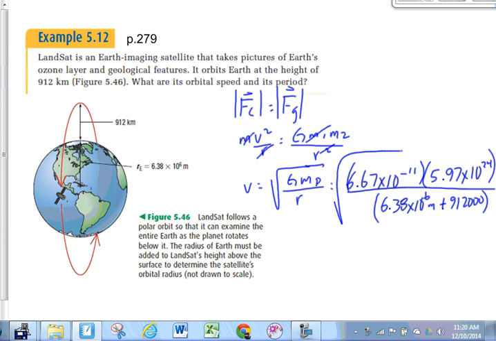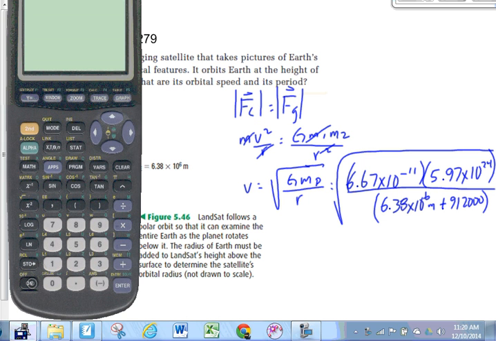Okay, let's definitely do this one on our calculator to make sure that we can all do it. We're going to say 6.67. We're not even worrying about the square root sign yet. 6.67 times 10 to the minus 11 times 5.97 times 10 to the 24. I'm going to press equals. I'm going to divide that by, now you definitely want to use some brackets here, 6.38 times 10 to the 6 plus 912,000.